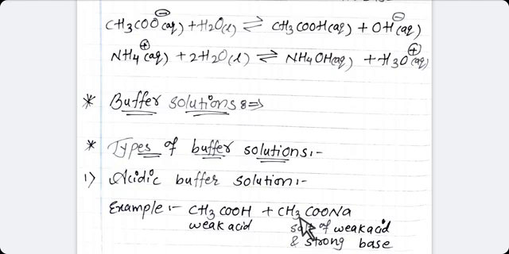How can we get sodium acetate? By using acetic acid, CH3COOH, plus NaOH. So always remember, students, when we are preparing acidic buffer solution, you have to use a weak acid and the salt which contains the same weak acid and a strong base. It is the acidic buffer solution.